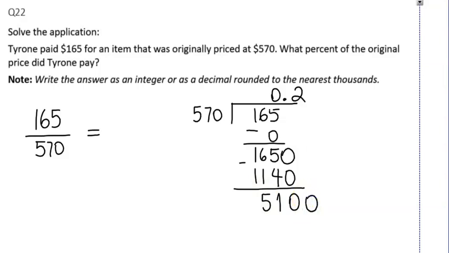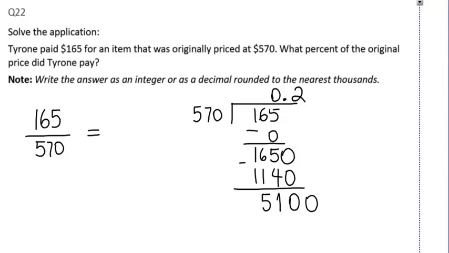Now it seems to be a bigger number, right? How many times does this number go here? What about 8? Is 8 too much? Because 8 times 5 is 40, and I have 51. I'm going to try the 8.